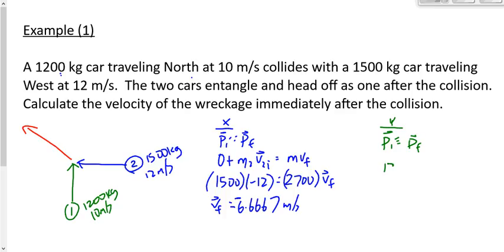Use a y component in a similar way. 1,200 times 10 plus 0, because object number 2 isn't moving on the y-axis, equals 2,700 kilograms times VF. VF works out to be 4.4.